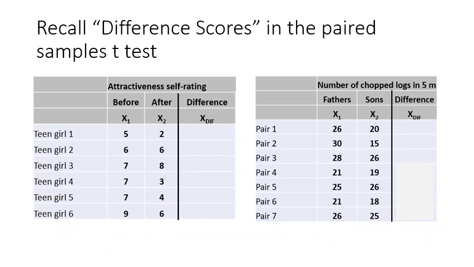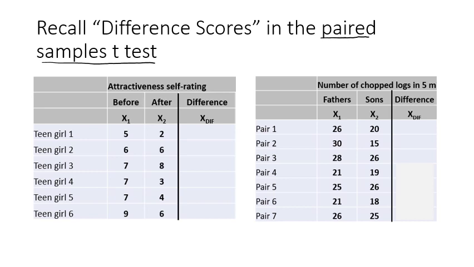So one more example of where we've been and where we're going. Remember, once again, in Chapter 7b, the paired samples t-test, we did these two examples. In the first one, we did attractiveness self-ratings, before and after, I believe, a beauty filter was in place.